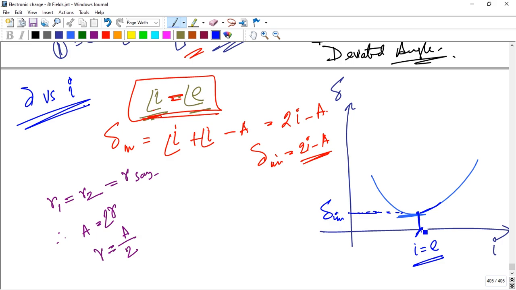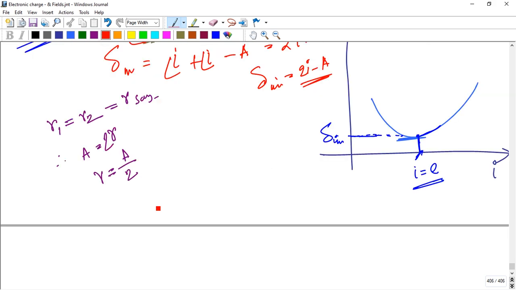Now we calculate the refractive index of medium 2 inside the medium. That's the refractive index of medium 2, N21, which means N2 by N1, the refractive index of N2 by the refractive index of N1.